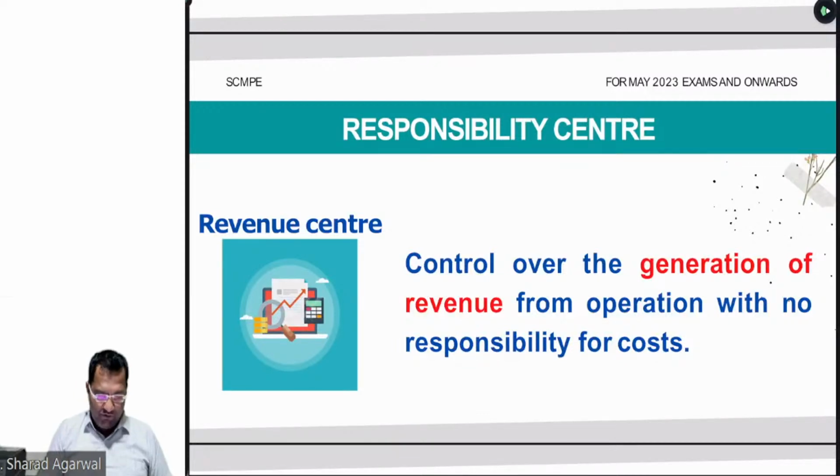How much revenue the department has generated, and not the cost incurred.